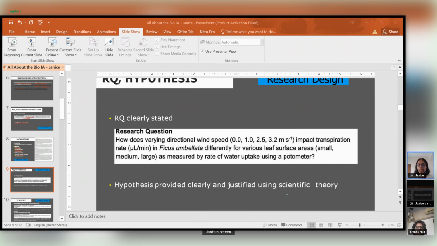You cannot just write that at 1 it will increase and at 2.5 it will decrease. You can write it, but you have to provide evidence, and this evidence has to be scientifically proven, or there has to be data showing that this is how it happened.